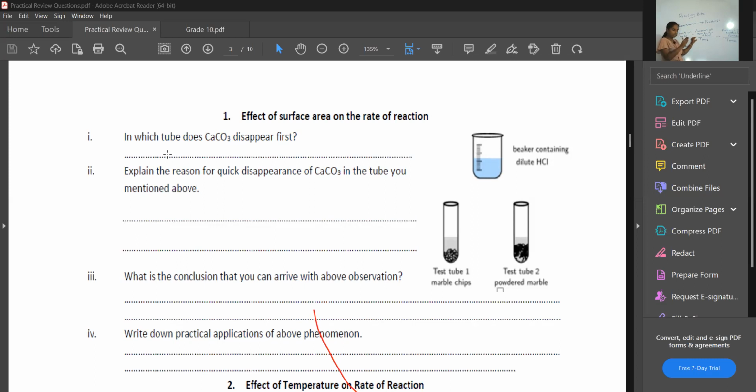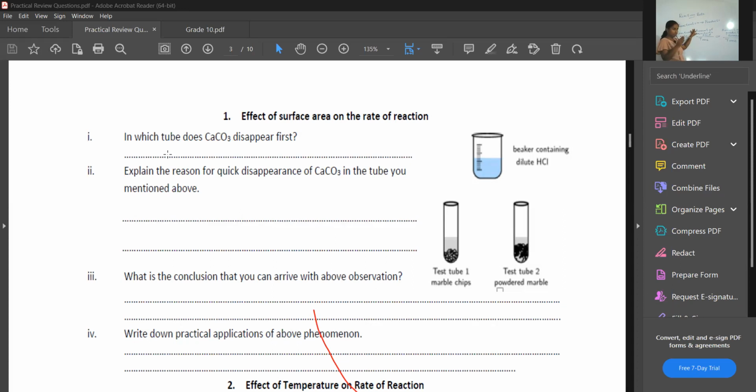That means 1 minute is the constant factor. Within 1 minute, we measure the amount of reactants used, maybe in grams if it is a solid, or in milliliters if it is a liquid. So the time is constant, and we measure the amount of reactants used.